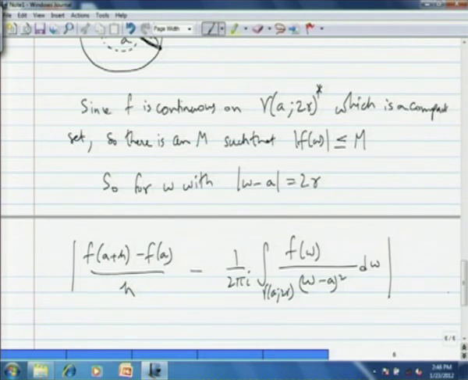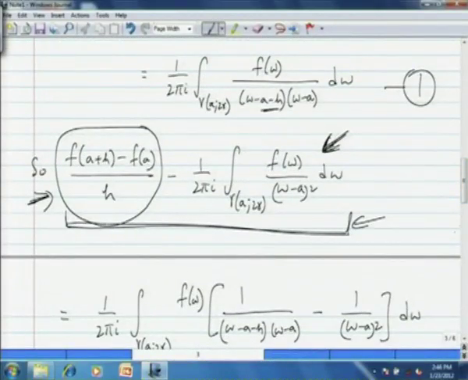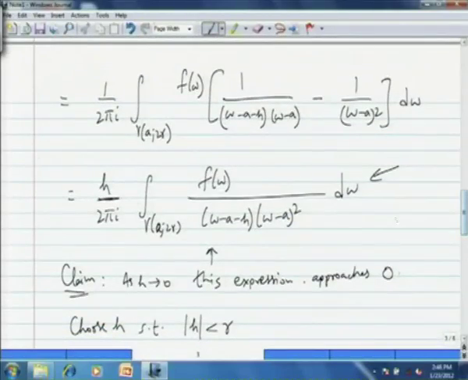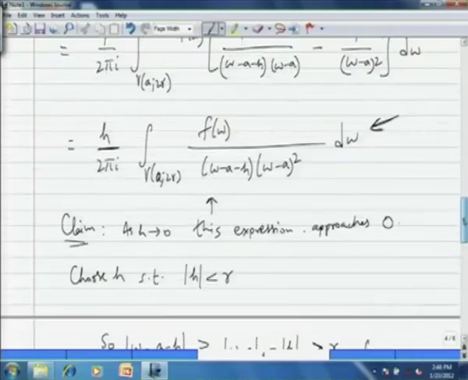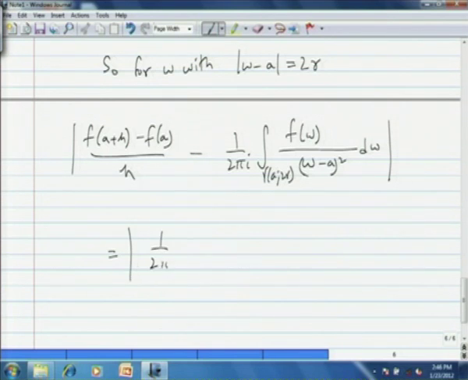The modulus of this quantity, which is underlined here, is equal to the modulus of the expression which we are handling. Well, firstly let me write that expression: it is equal to the modulus of h by 2 pi i times the integral over gamma a to r of f of w by w minus a minus h times w minus a squared dw.